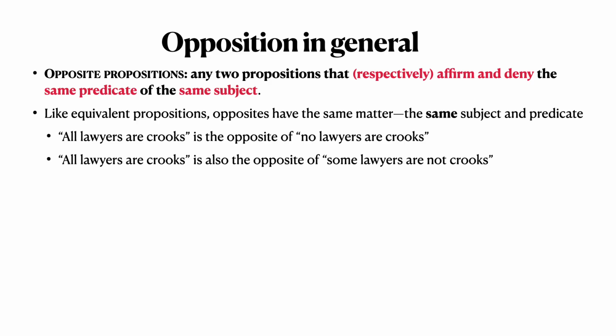In one case, it denies it of any lawyers, no lawyers are crooks, and in the other case, it says, no, they're not all crooks, some of them might not be, right? And note that one of these is much easier to prove than the other one. So figuring out what your range of opposition statements are is often very useful in practical terms for people who need to establish a point in an argument or in a legal case or something like that.